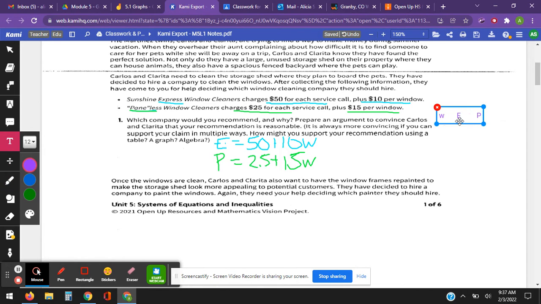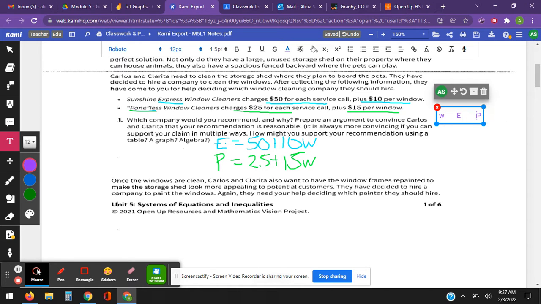All right, so let's go ahead and work on our table here. If we have no windows, then our express is still going to be $50. Just for them to even show up is $50. If we have one window, it's going to cost them another $10, so that's $60.